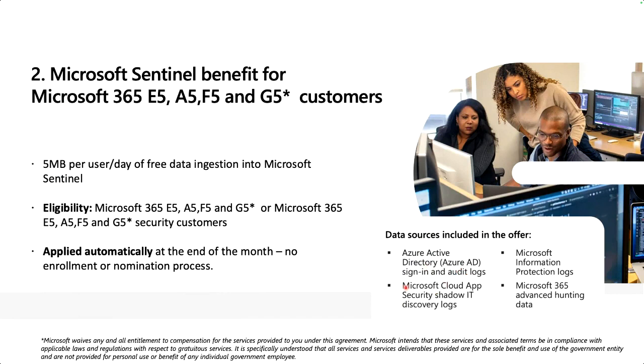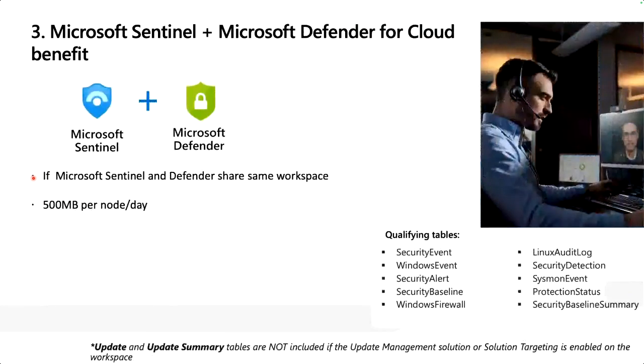Also, Microsoft Cloud Application Security, which is a CASB solution to work with your Shadow IT and discovery logs. Also, information protection logs and Microsoft 365 Advanced Data Hunting. That is something you can utilize to lower potential costs or reduce your budget for the solution.